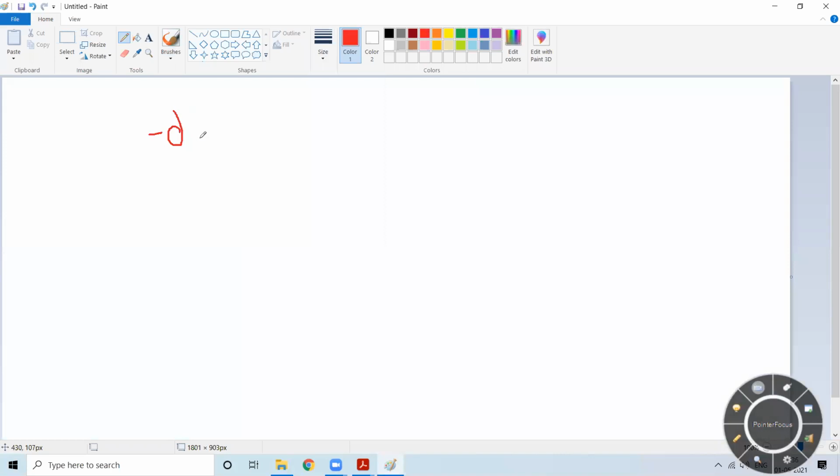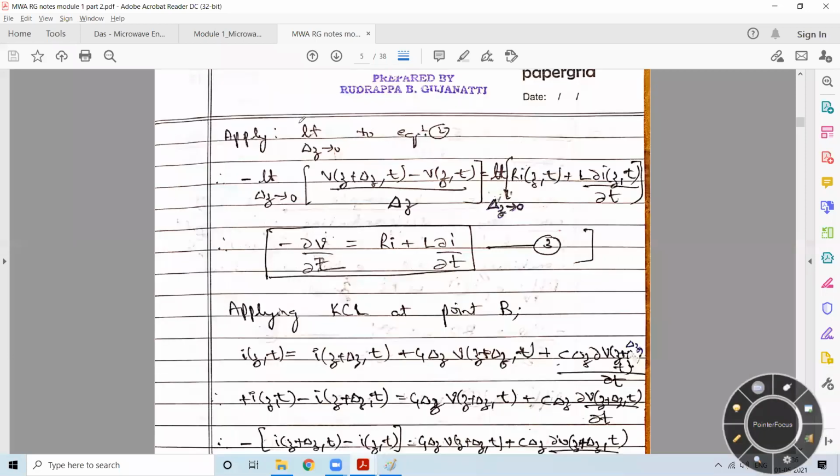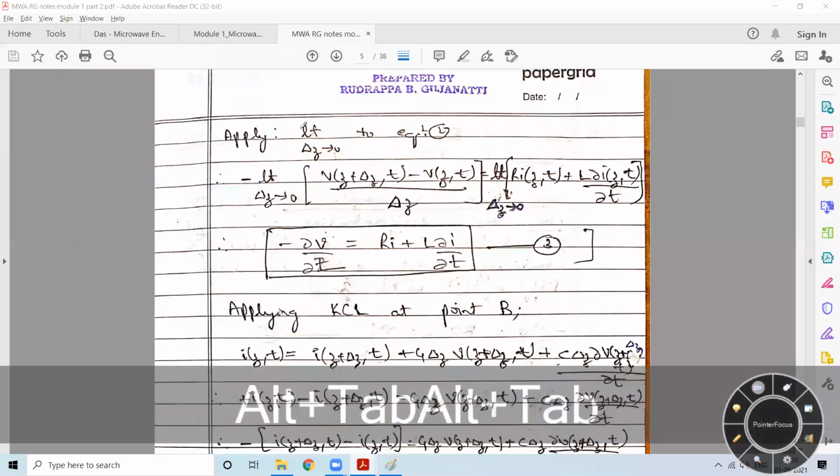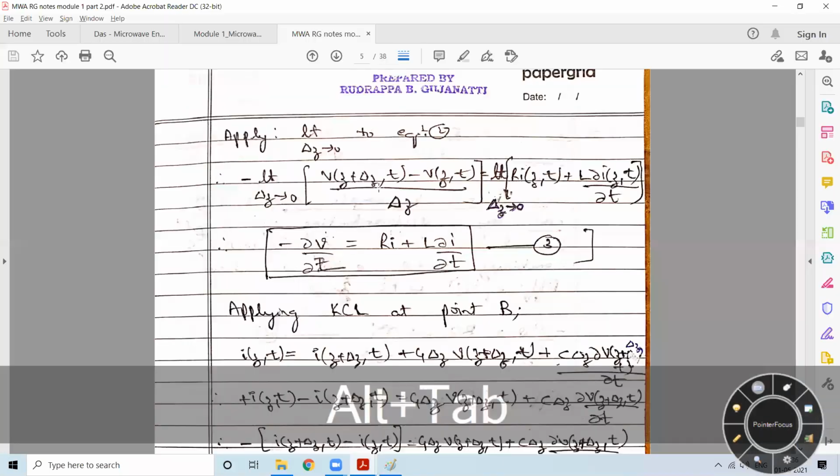The first one was minus dou v by dou z, which is equal to Ri plus L into dou i by dou t.